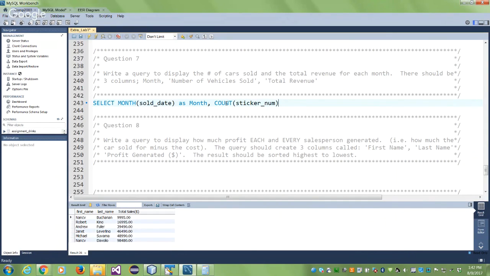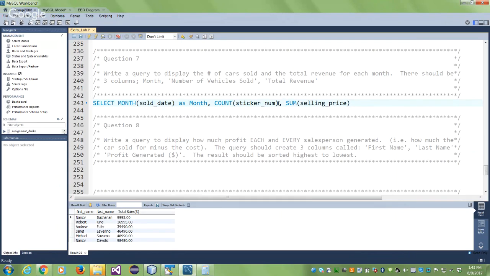And the total revenue, so something to do with sum. Now summing up what? We are summing up, what was it called? Selling price, right? It was called selling price. So every month, in a particular month, how many were sold?